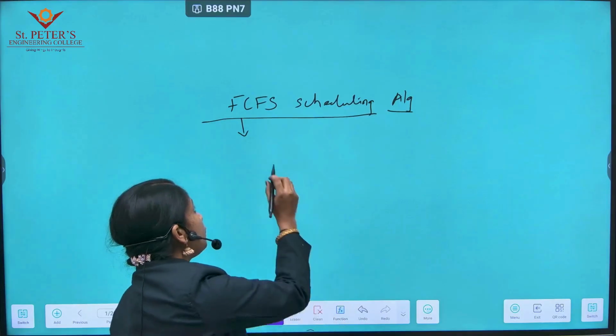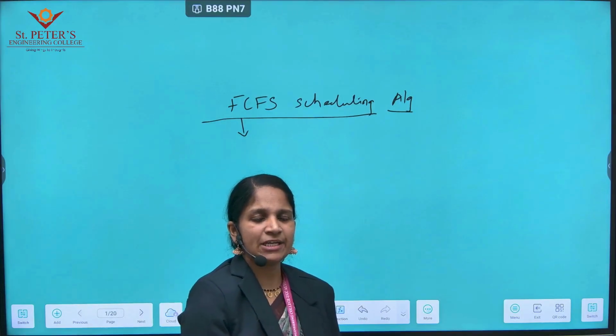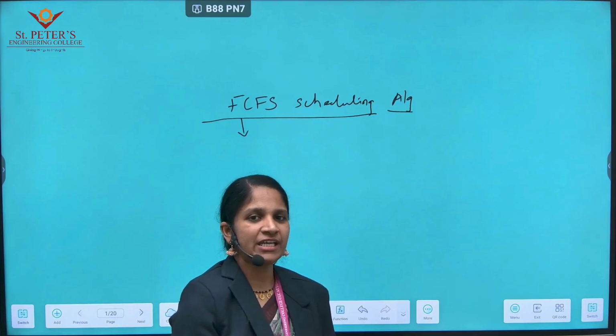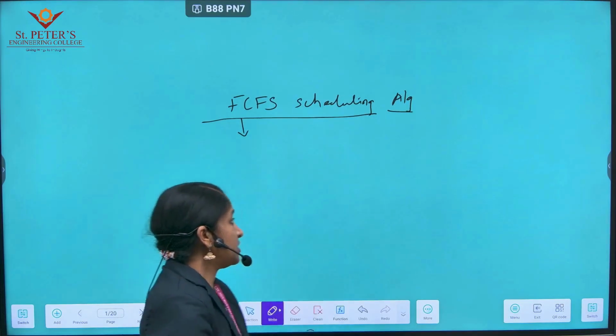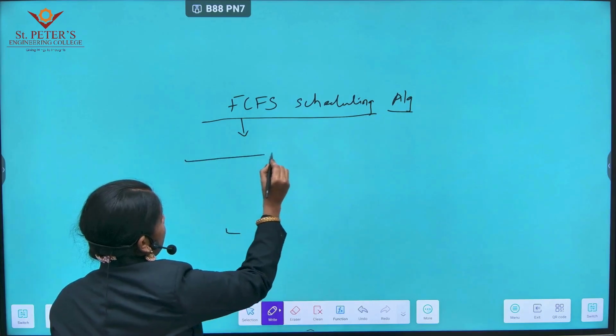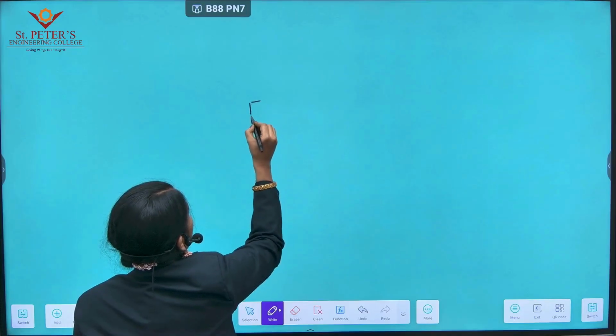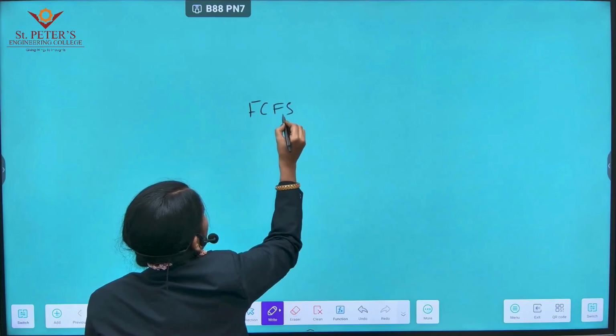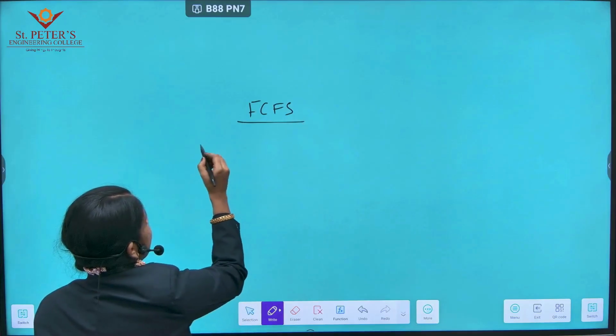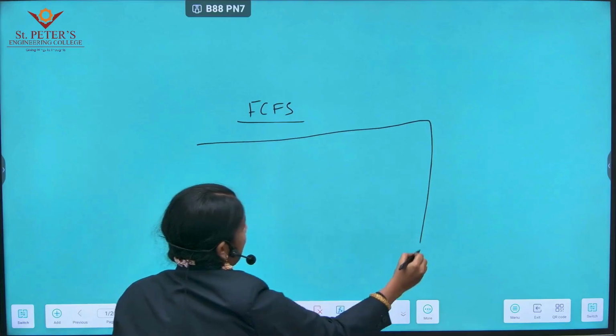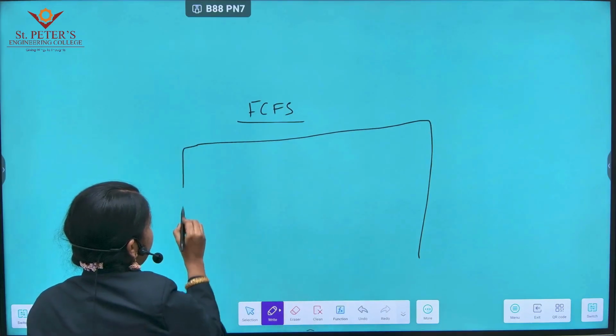Whichever process came first, that process will be executed first. Here we are taking a numerical example for FCFS.